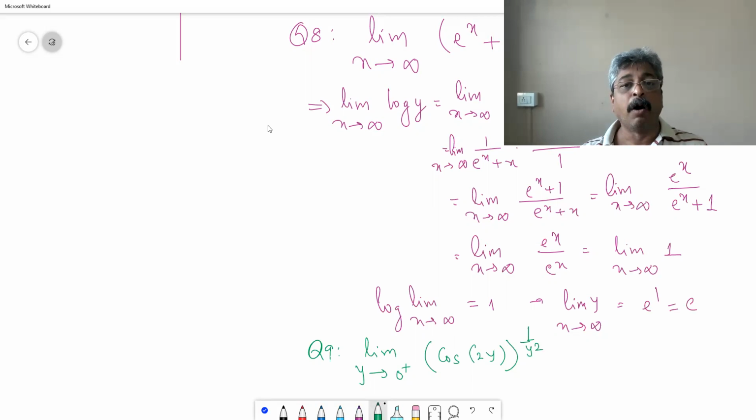Solve. Okay, the answer for question number 9 is e raised to minus 2. Okay.